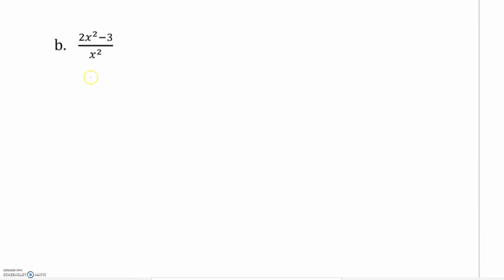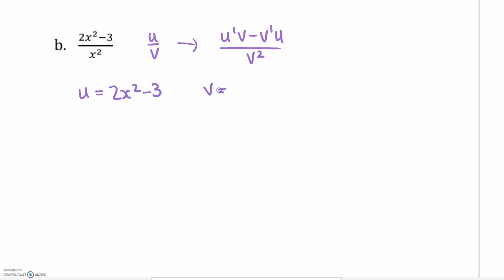So part B, this is a u over v. This is a quotient rule. Okay, so considering that this is a u over v, my rule says that when I differentiate this, it's going to become u dash v, take v dash u all over v squared. So my u is 2x squared, take 3, my v is x squared. So all I need to do is u dash is 4x, take nothing at all, and v dash is equal to 2x.